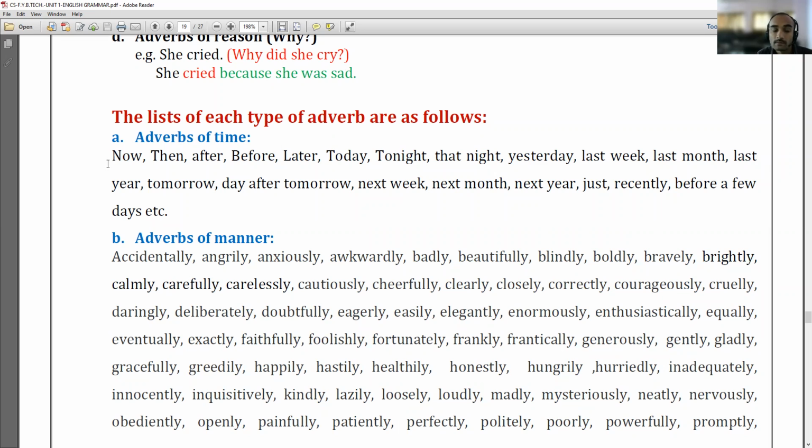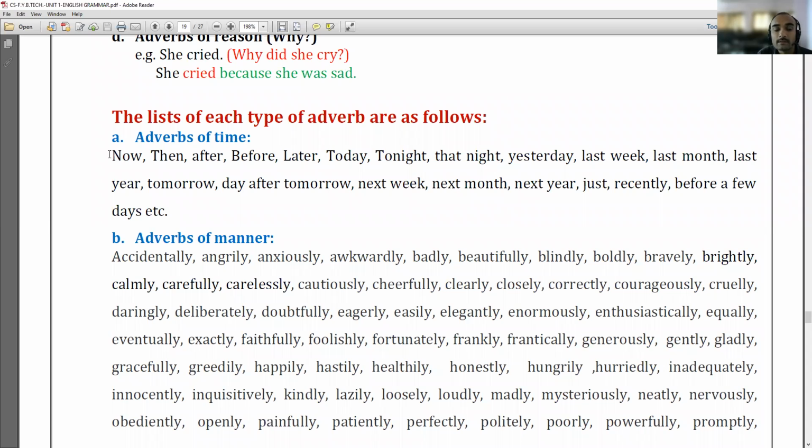So the examples of adverb of time are now, then, after, before, later, today, tonight, that night, yesterday, last week, last month, last year, tomorrow, day after tomorrow, next week, next month, next year, just recently, before a few days. Okay, so all these are called as the adverbs of time.